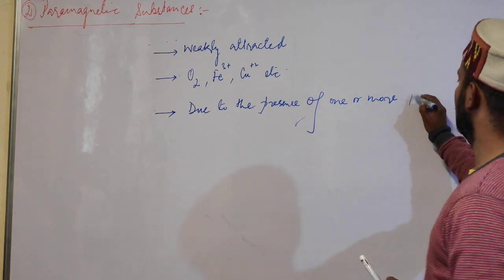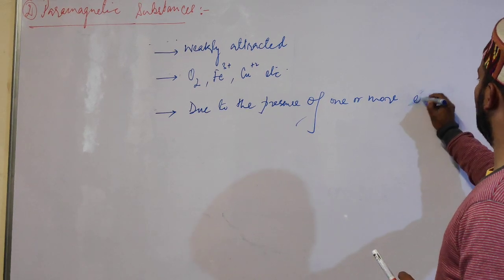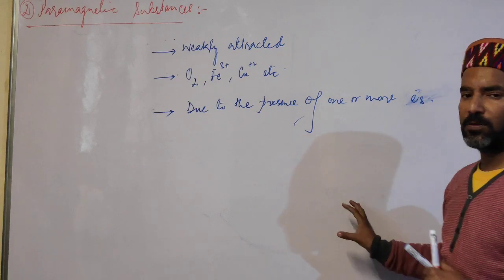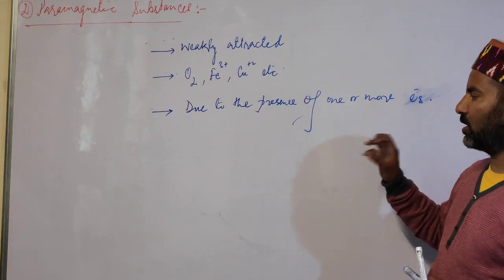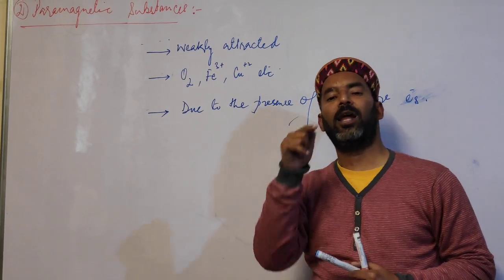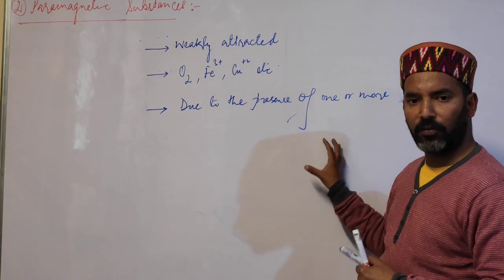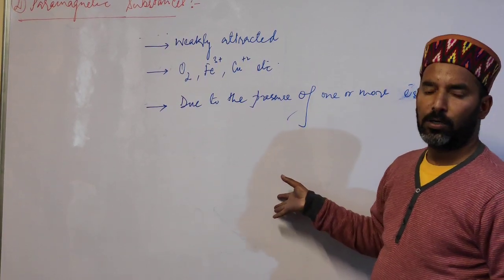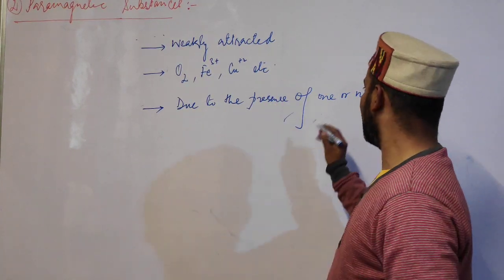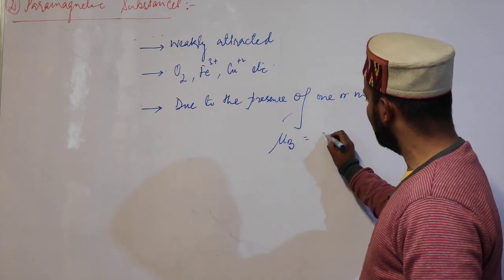That means all the substances which contain one or more unpaired electrons show paramagnetism, because the unpaired electrons have net magnetic moments which get oriented in the direction of applied magnetic field, but when we remove magnetic field, they again lose their magnetism. So these are paramagnetic substances, and since they have some unpaired electrons, their magnetic moment is given by this formula.